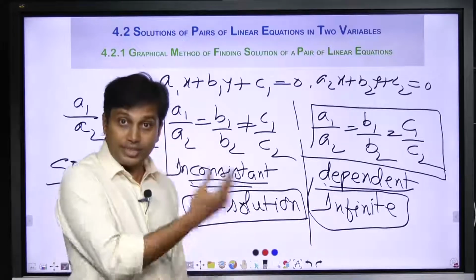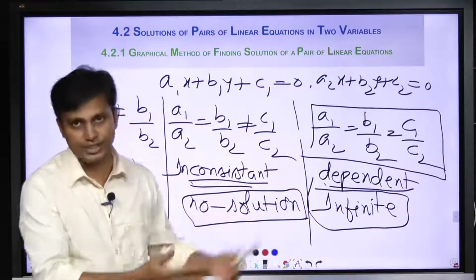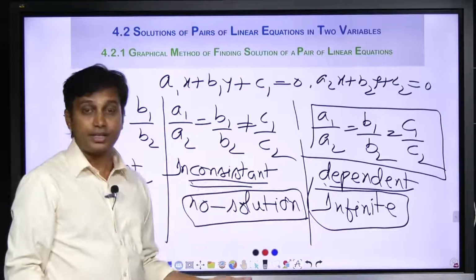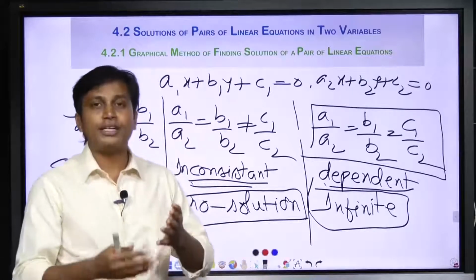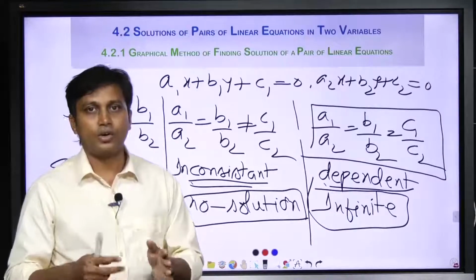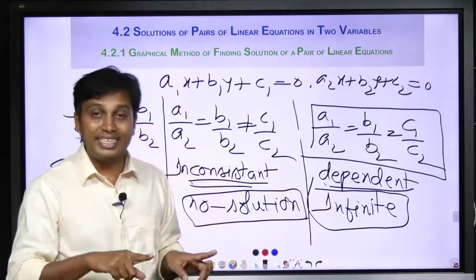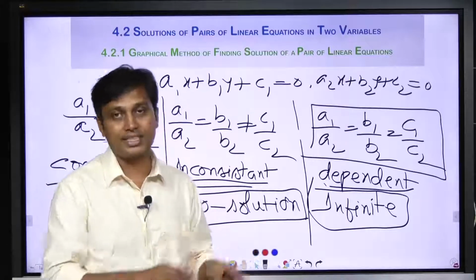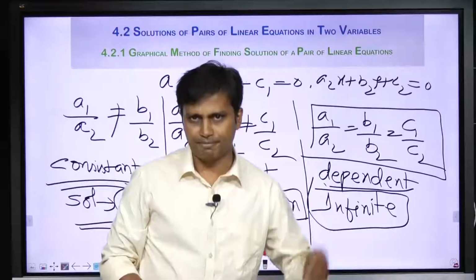After that, we took examples from simultaneous linear equations, means pair of linear equations. And we observed that in the consistent case, they are representing intersecting lines, and in the inconsistent case they are representing parallel lines. In the dependent case they are representing one upon another, means both are the same.